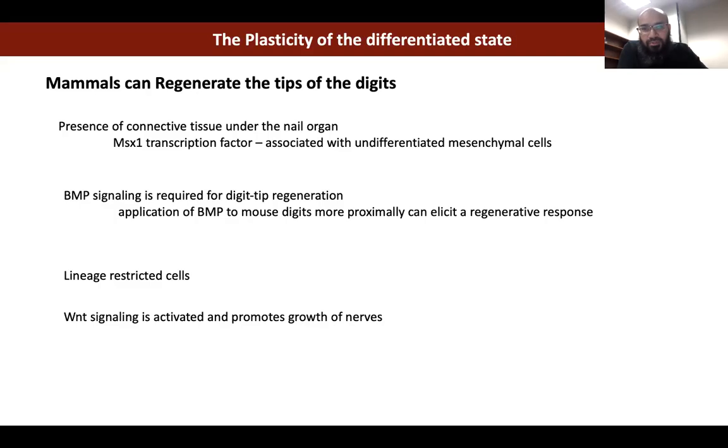And since humans do not regenerate, the amount of data or knowledge that we have in these lower eukaryotes is very limited. So far what we know is that there are these positional signals that basically help pattern the body, and there is a gradient of these signals, and this gradient actually determines when to stop.